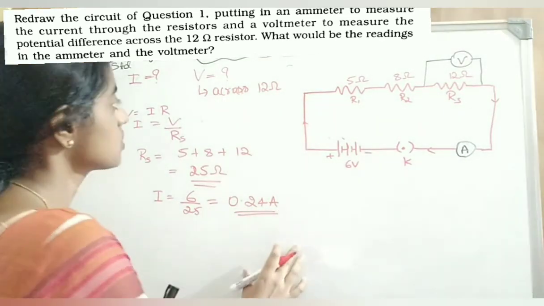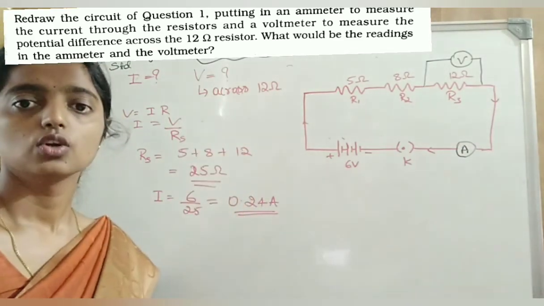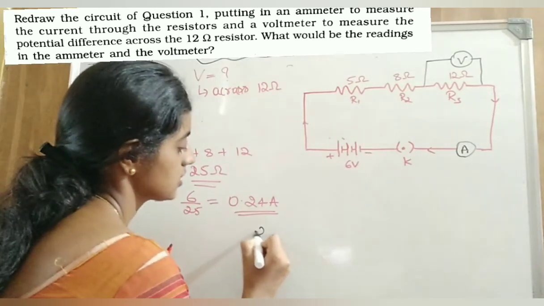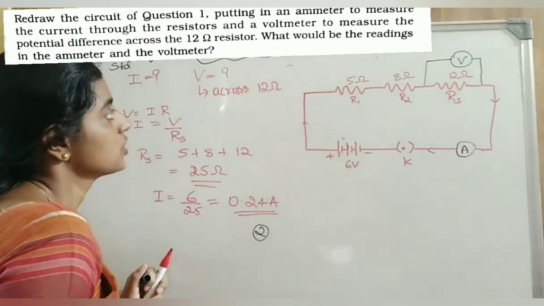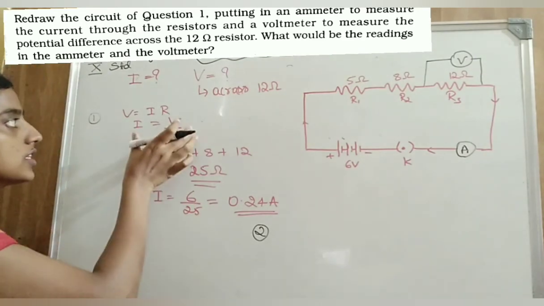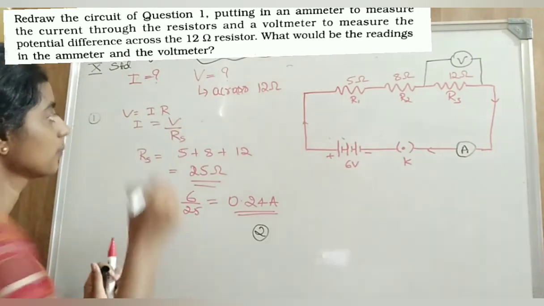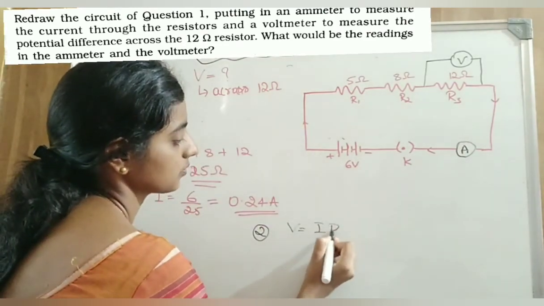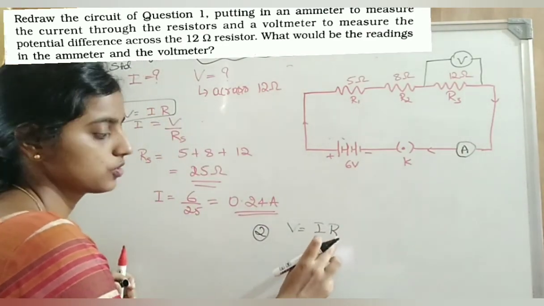Now let us go for the second question, that is to find the potential difference. Now what is the formula for the potential difference? We'll use the same thing. V is equal to IR from Ohm's law. Which R should we use here?